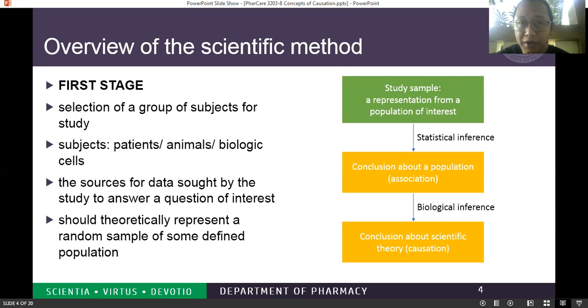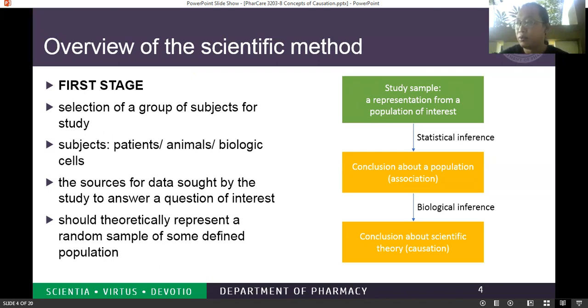In the study of pharmacoepidemiology, we usually use a kind of subpopulation. Are we interested in adult populations, or are we interested in pregnant women and so on?